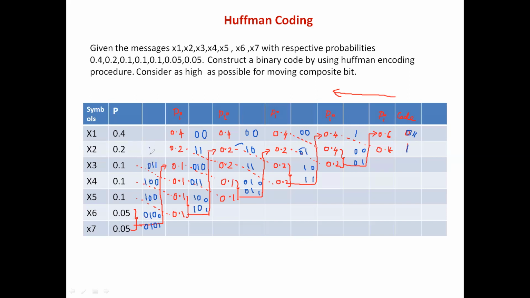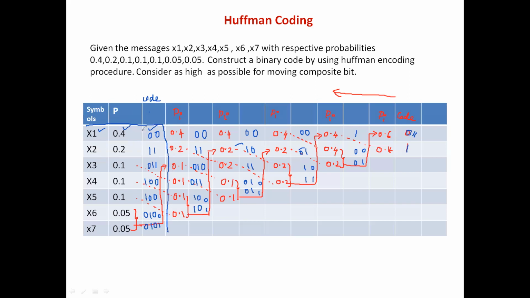The remaining values keep the same codes. So this is the final code. These are the final code values for Huffman coding. These are the symbols, probabilities and the final code.